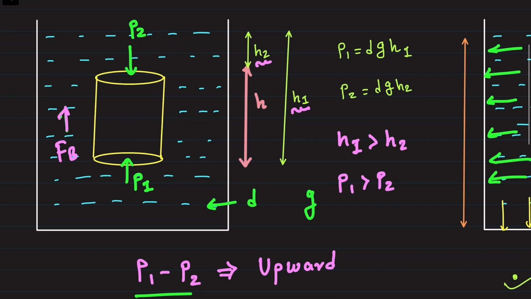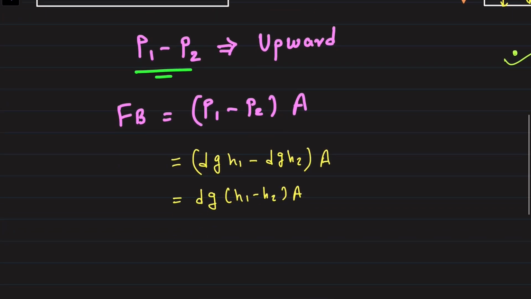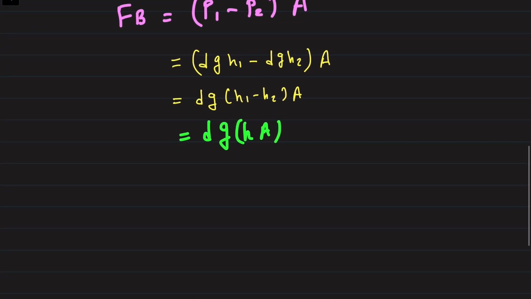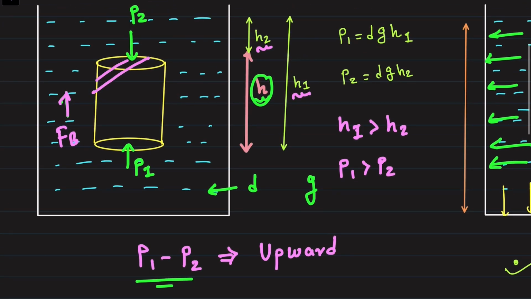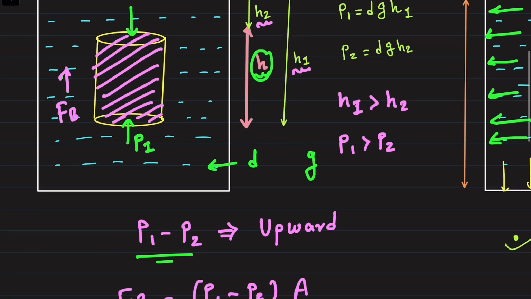You can see from the figure here that h1 minus h2 is h, which is the height of the object. So we will take density, gravitational acceleration, into A into h. As we know that area into height will give you volume, dgV, where V is the volume of this cylindrical shape object.